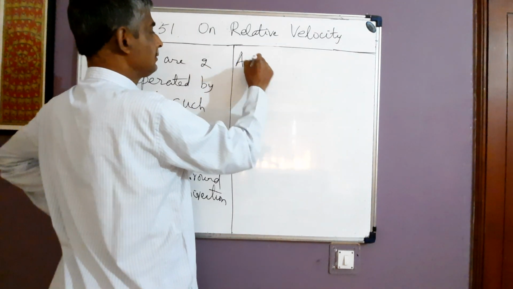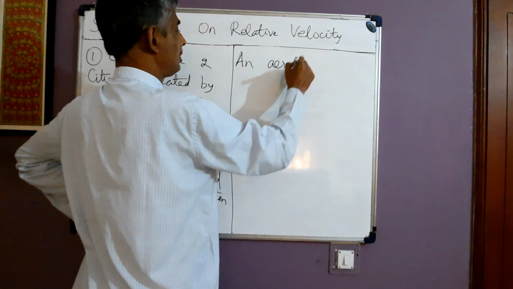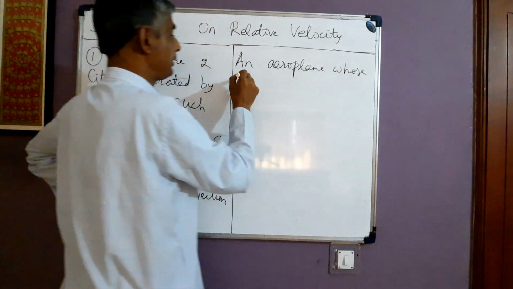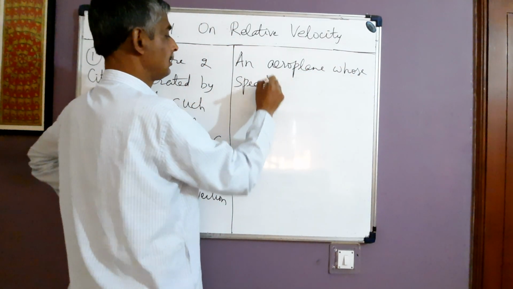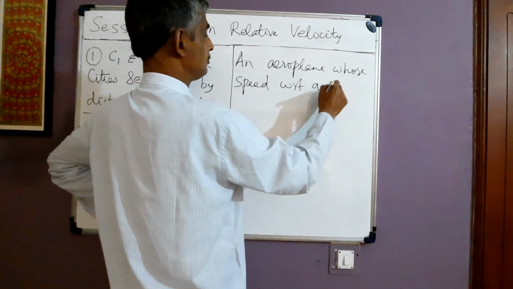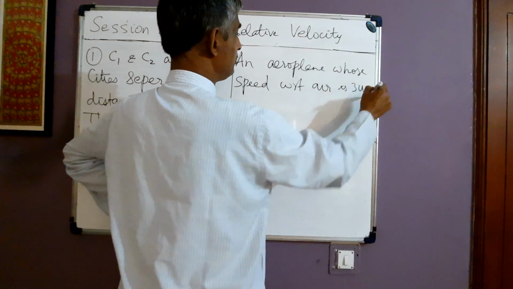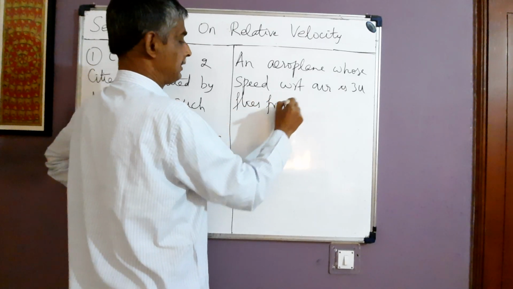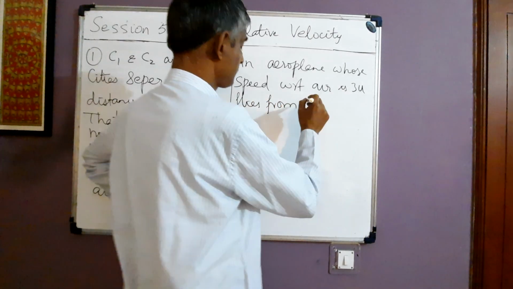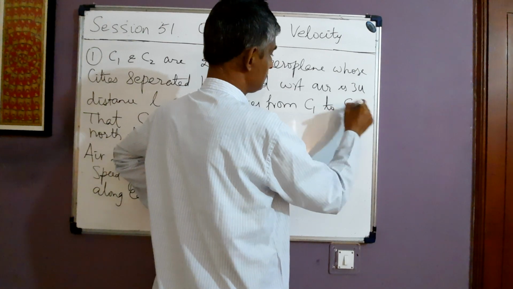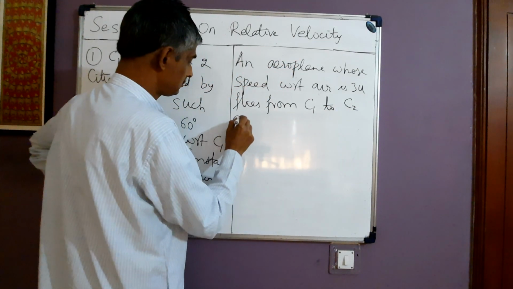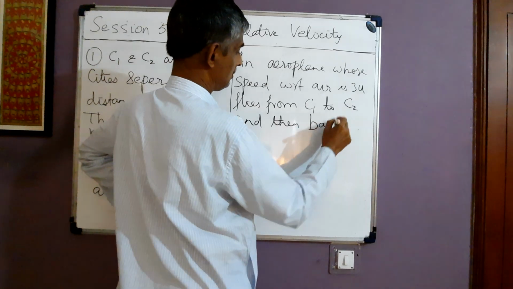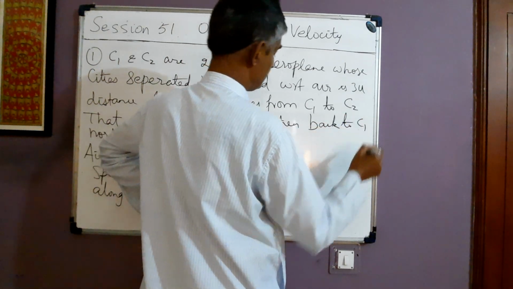An aeroplane whose speed with respect to air is 3u flies from C1 to C2 and then back to C1.